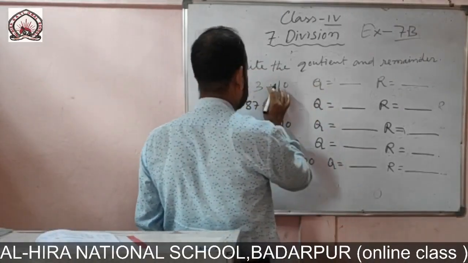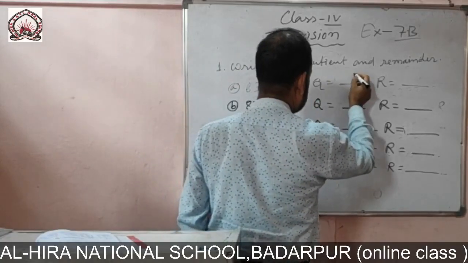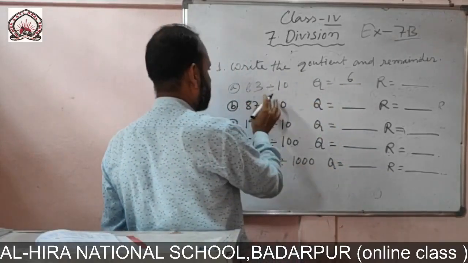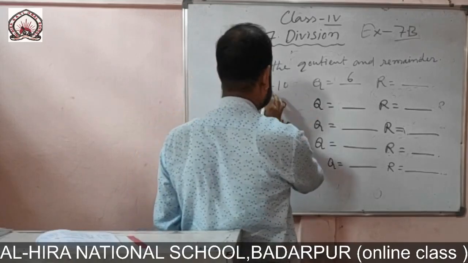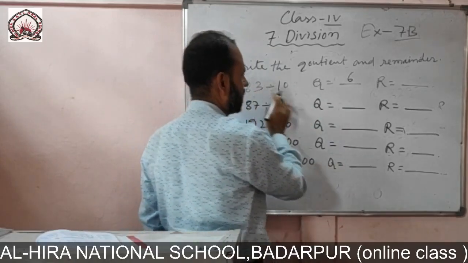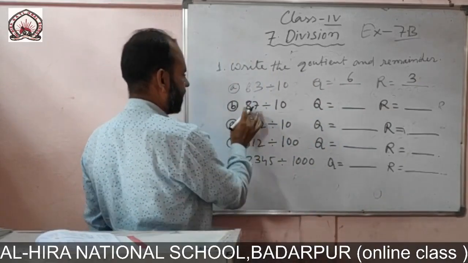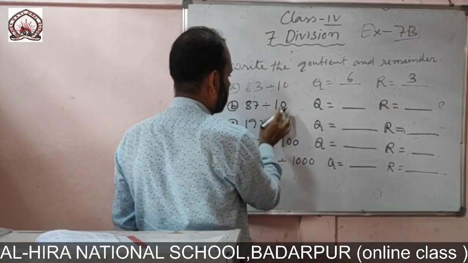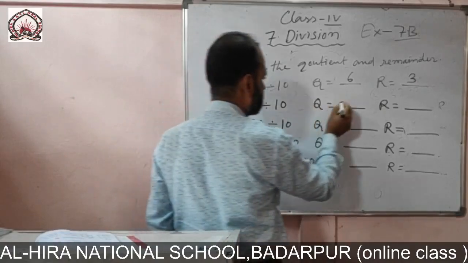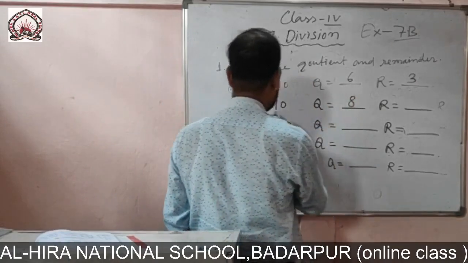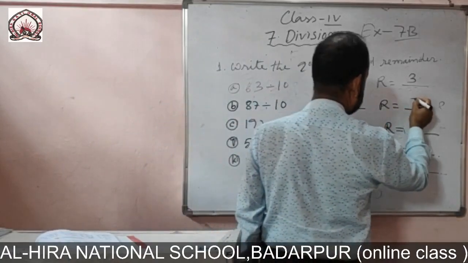It is 6 times. So Q equal to 6, then 6 tens are 60, remain 3. So 3 is the remainder. Here, same with 87. 10 goes 8 times, then it is 80 and remainder is 7.